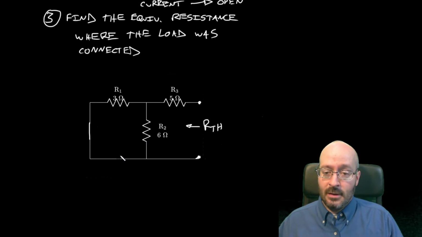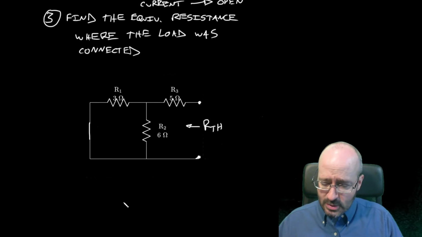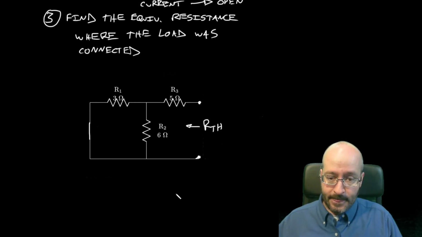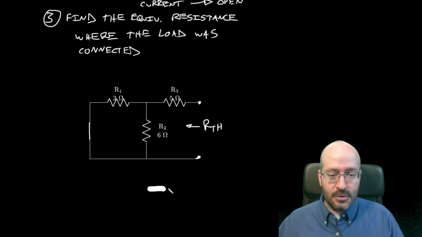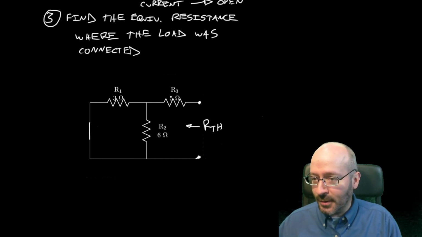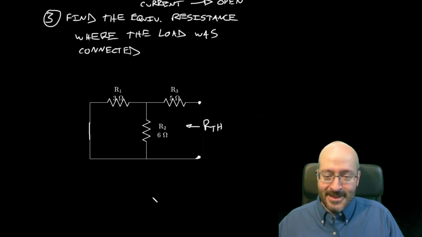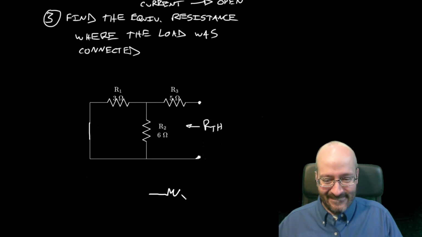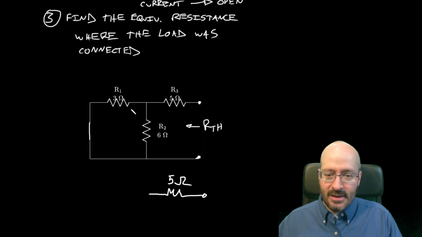So let's go ahead and redraw it. Oh, that's huge now. Let's draw it with a reasonable size pen. Something like that. All right, so there's the 5 ohm, and then 3 in parallel with 6.